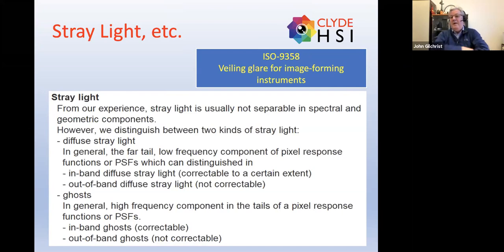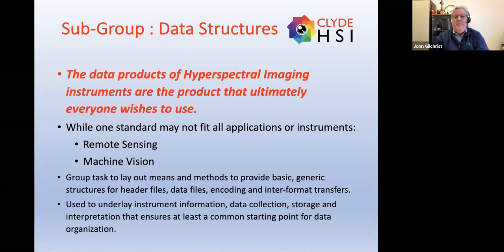And that is a standard which is well established for imaging systems. And of course, a spectral camera is simply, dare I say simply, a special type of imaging camera. So we can use this to form methodologies for measuring the stray light performance, both from an imaging point of view and a spectroscopy point of view.